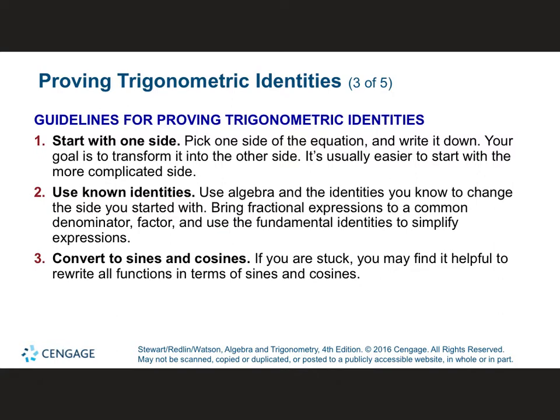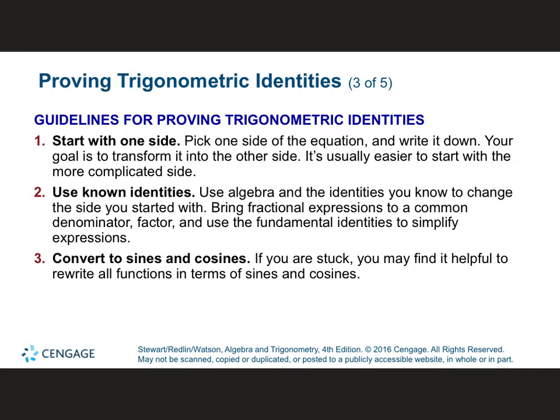First thing that you're going to do is you're going to start with one side. Pick a side. Doesn't matter which one. Normally, you want to work with that harder looking side. Your goal is to transform it into the other side. Again, it's usually easier to start with the more complicated side. Use your known identities.